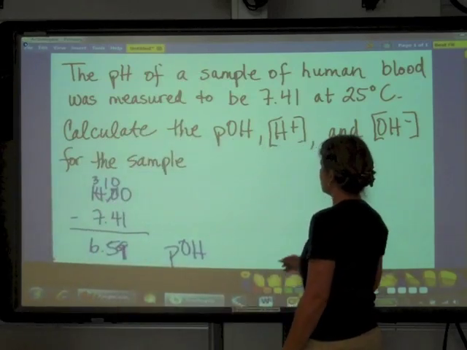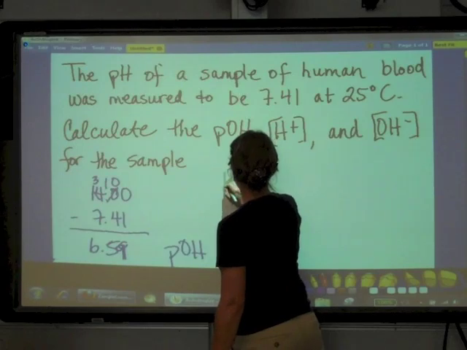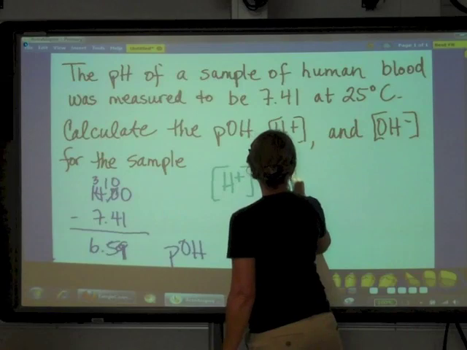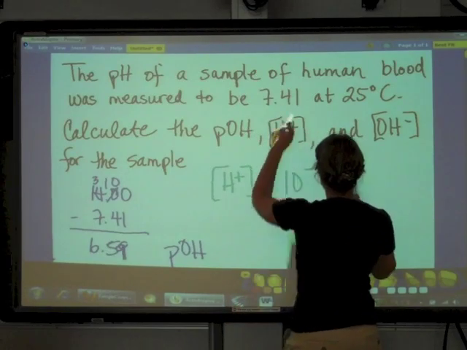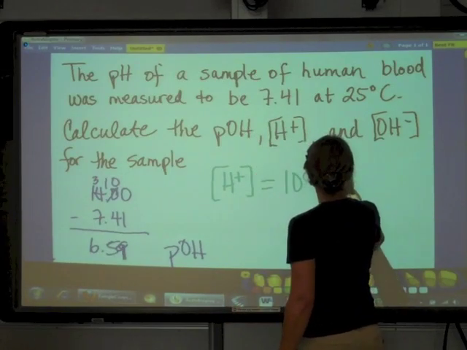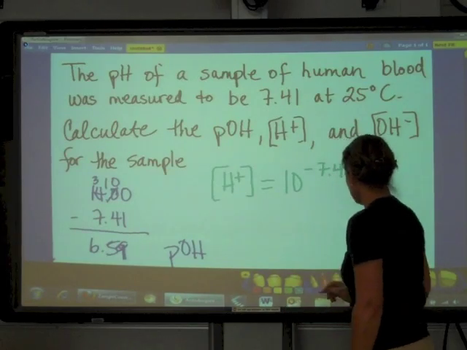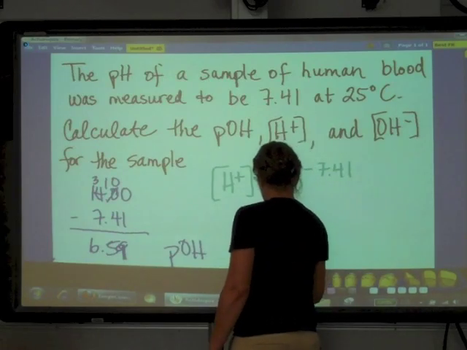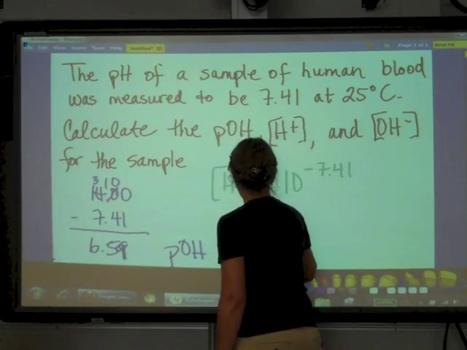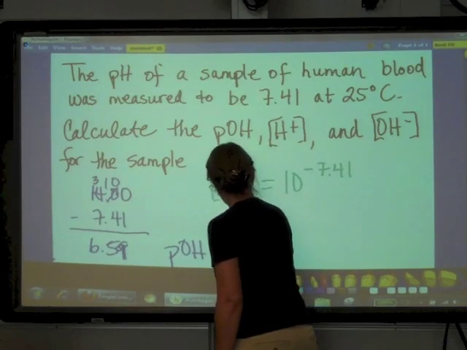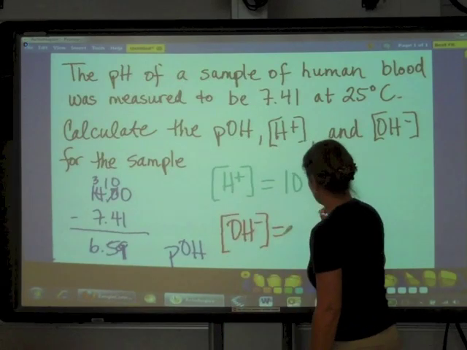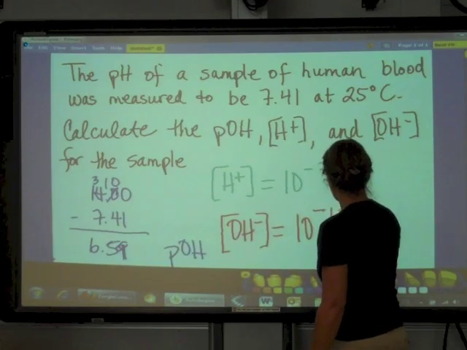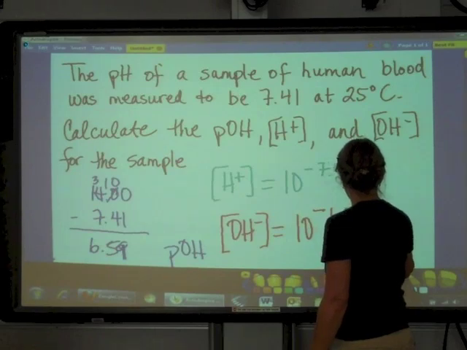So my hydrogen ion, H plus, is equal to 10 to the negative 7.41, and my hydroxide is equal to 10 to the negative 6.59.